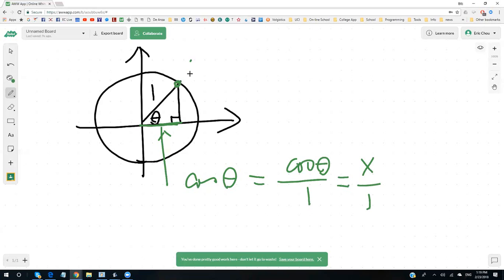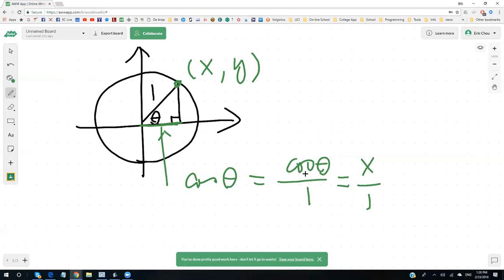If this point is x, y, and the length of this is 1, then this x is actually x over 1, and it's exactly cosine theta.